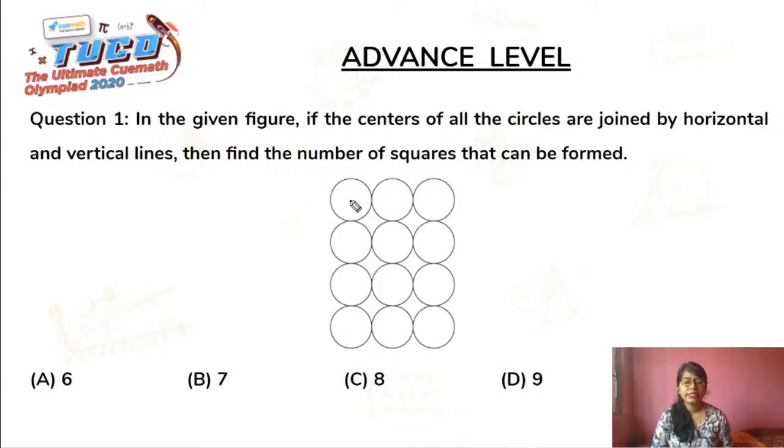Okay. So if you see this, these are all the centers. So let me quickly mark all the centers of this particular figure. Okay. So these are all the centers, and we are going to try to join the lines from center to center, connecting from one center to the other center and see how many such squares can be formed. Okay.